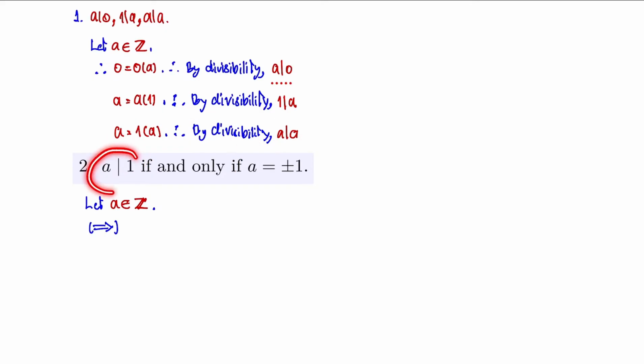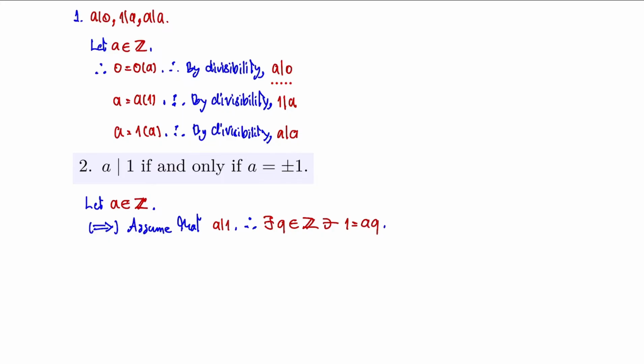So we assume the left and show the right. We assume that a divides 1. When a divides 1, by divisibility, there exists q, which is an integer, such that 1 equals aq, right?